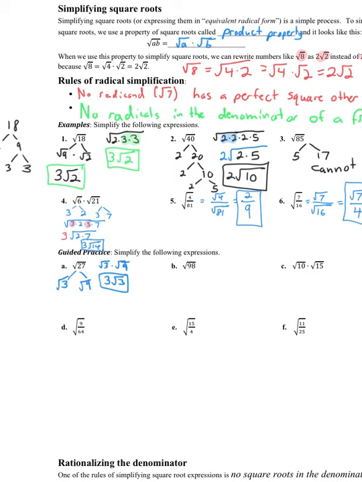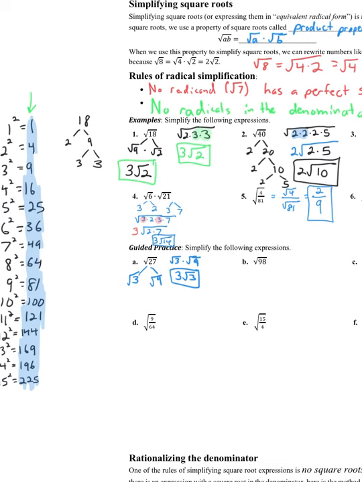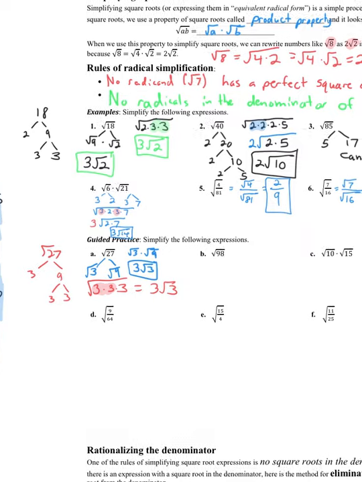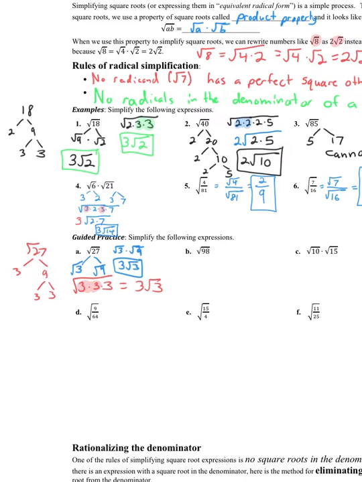But the other method that I've just been showing you on the practice is you would take the square root of 27, and you'd break it down to 3 and 9, and then the 9 breaks down to 3 and 3. So you get 3 times 3 times 3. And you could say, I got 2 3s inside the radical that need to drop out. So then I'm going to pull a 3 out, and I'd end up with 3 root 3. Either method you want to do is perfectly fine.